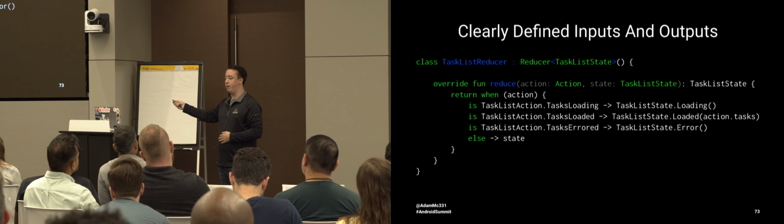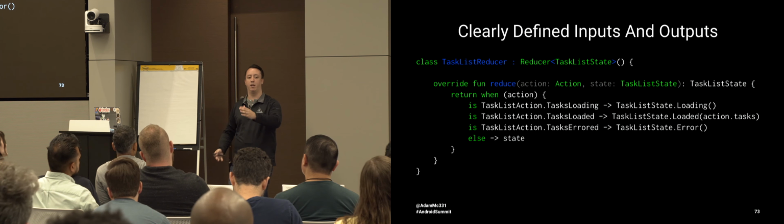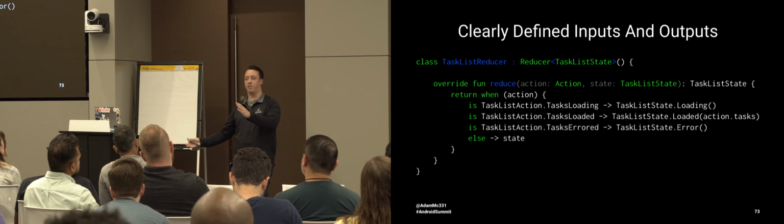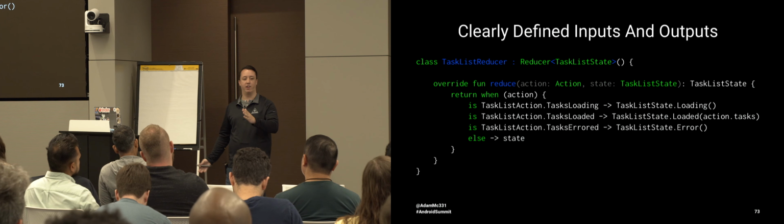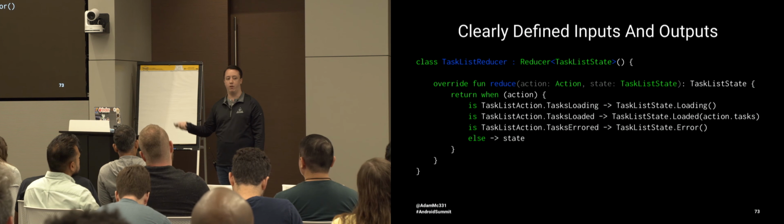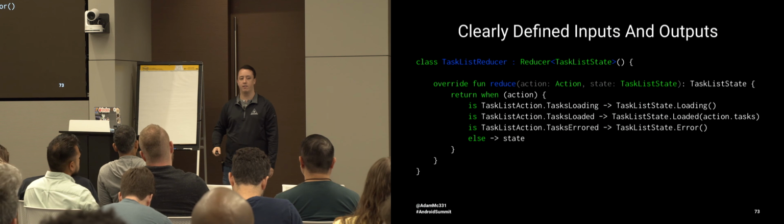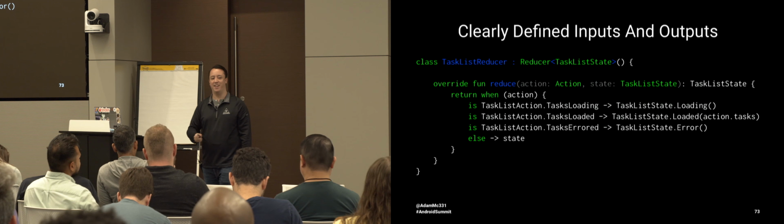A reducer may be easier to test than a view model that has all of these methods that manipulate state. And because more things can manipulate them, I feel like there are more edge cases to test. But I'm guessing that it would be related to reducers giving you clearly defined inputs and outputs, so it's easier to test than the unpredictable state you get out of the others. I hope that's right. That's my best guess.